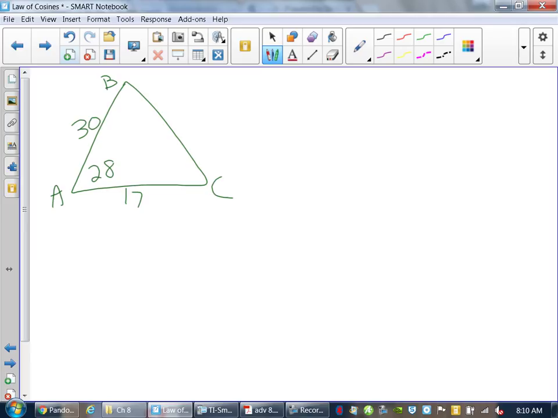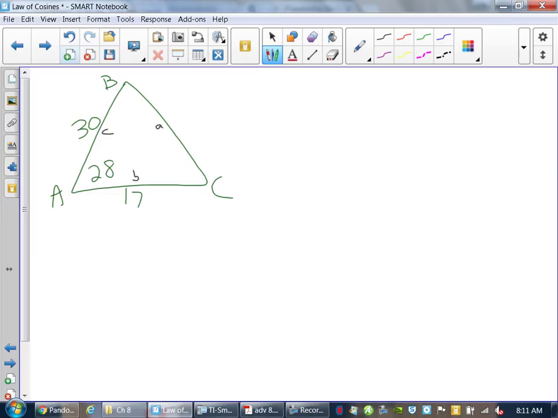Let's do the same basic ideas. Once again, we have triangle ABC. In this case, you're given angle A. There's little b, little c, little a.